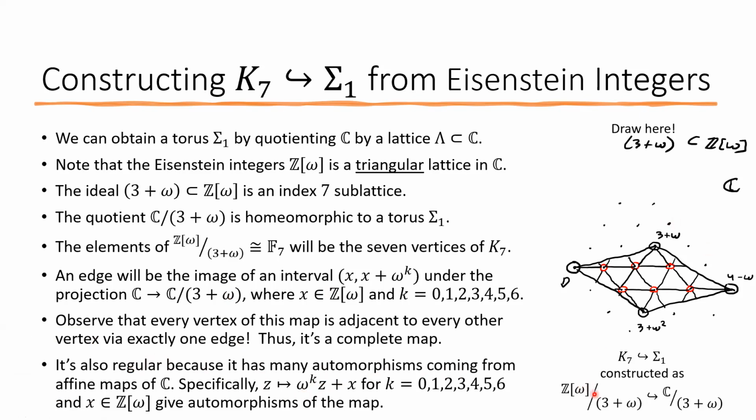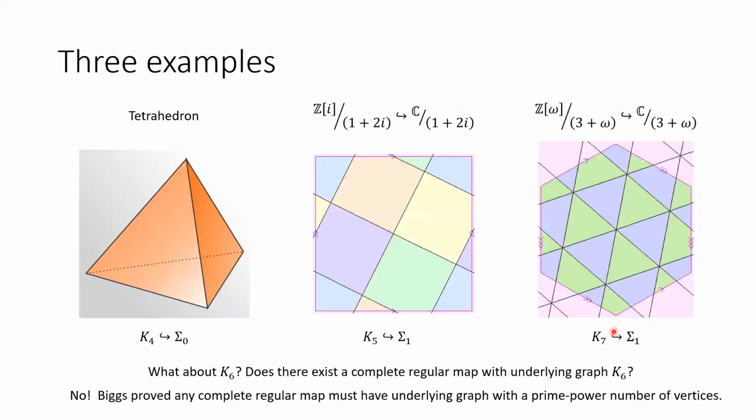Okay, so now we have 3 examples: the tetrahedron, the complete graph on 5 vertices embedded inside of the torus, and the complete graph on 7 vertices embedded inside of the torus. The tetrahedron is just on the sphere, and it's the usual thing that we think of. But these two are interesting in that we obtained them by thinking about these rings, Z adjoin i and Z adjoin omega.